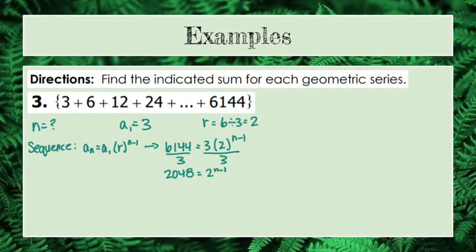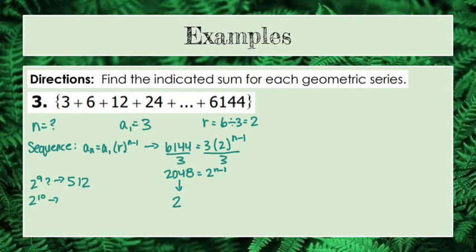And what we're going to do is test out a bunch of different exponents of 2 to figure out which one will give us 2048. So for example, 2 to the 9th power equals 512. So that's not big enough.